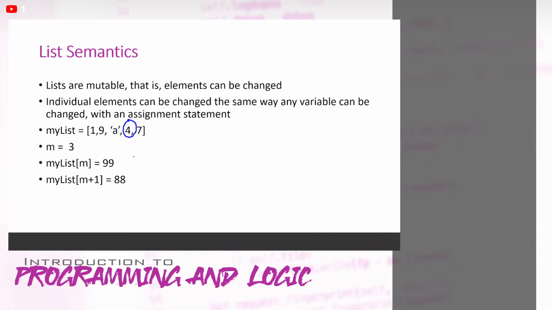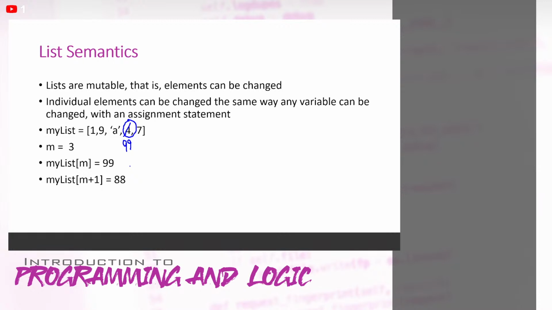The third bullet point there, my list at index location M, is addressing what prior to that line of code would be a 4. But this line of code reassigns that to a 99. So imagine coming in here, crossing that out, and writing a 99 in its place.